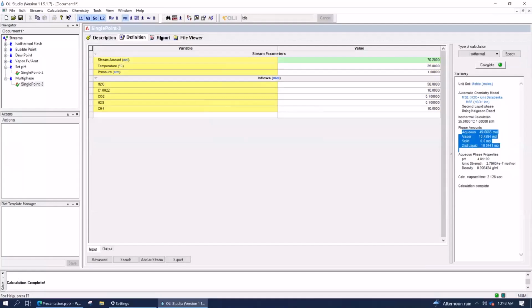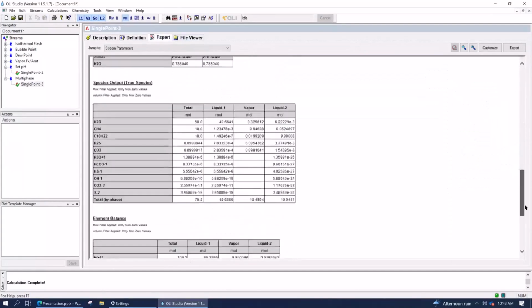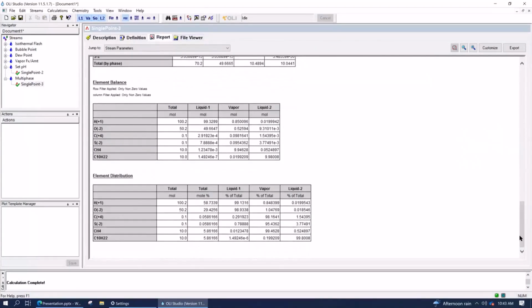Now let's take a look at the report. And my preference is always to start at the element distribution when I'm looking at multiphasic systems. It just gives me an idea of where things are located. So now you can see in the element distribution, you've got 3 phases here: liquid 1, vapor, liquid 2. The methane, 99.5% in the vapor phase, 0.5% in the liquid.